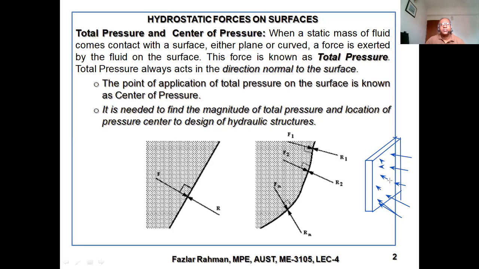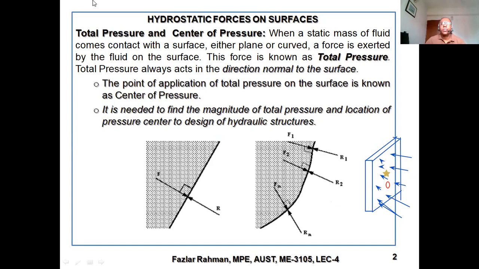So the resultant pressure will work through a point, for example, right over here. And also there is the CG of the structure, the center of gravity. So this might be at the center of the plate, right? Two things are there.